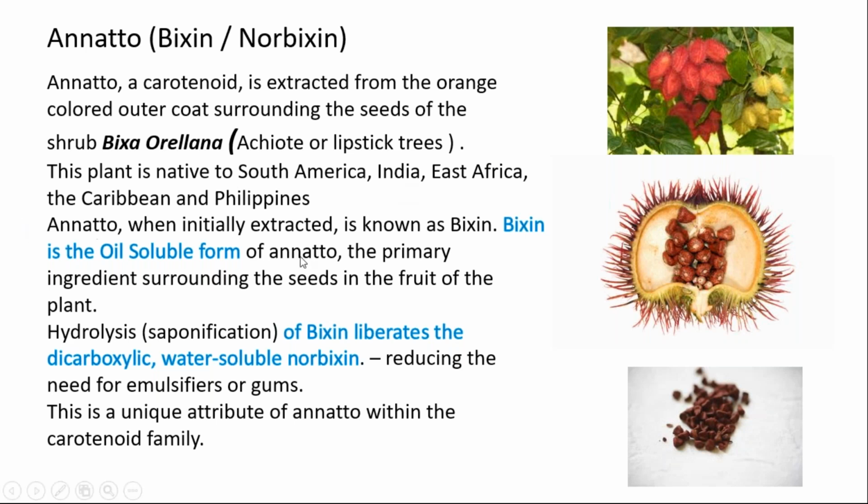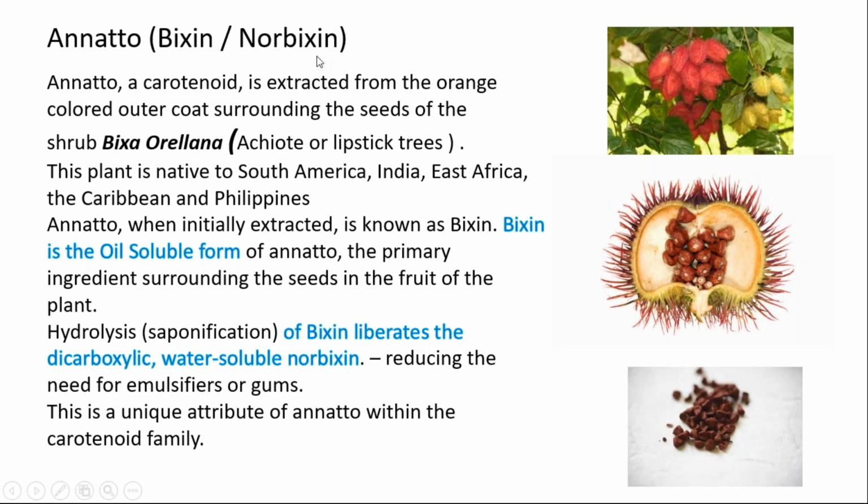Initially, annatto is extracted in a form known as bixin. Bixin is highly hydrophobic, so it is the oil-soluble form of annatto, and this is what is extracted from the seeds. However, to use it in foods which contain water, bixin is saponified and it liberates the dicarboxylic acid, and you get a water-soluble color known as norbixin.